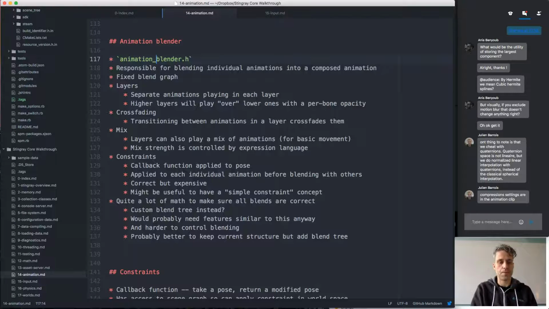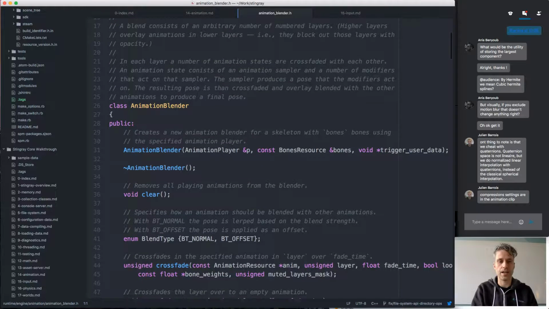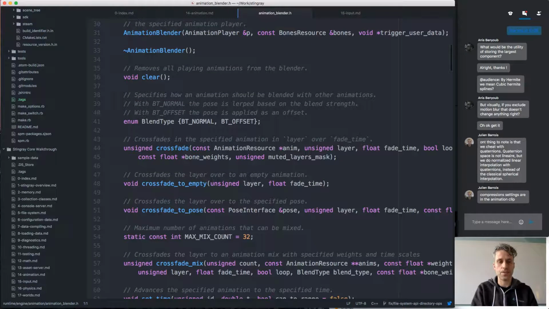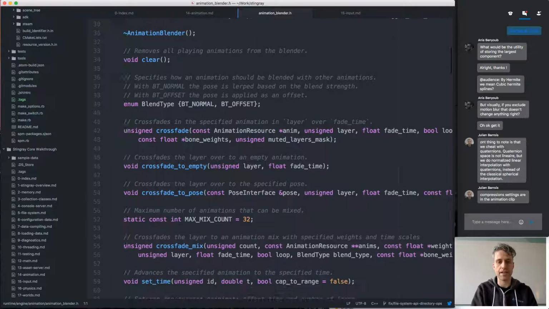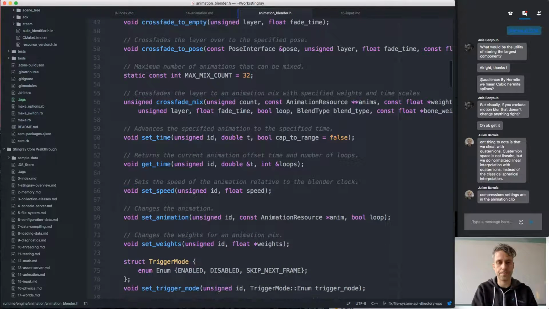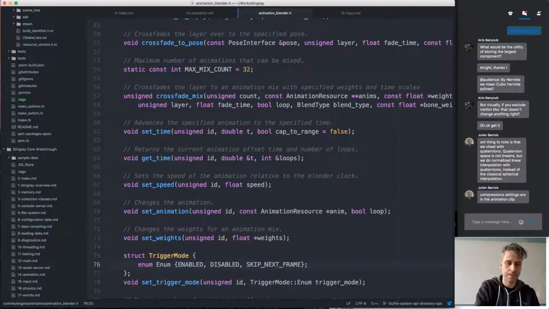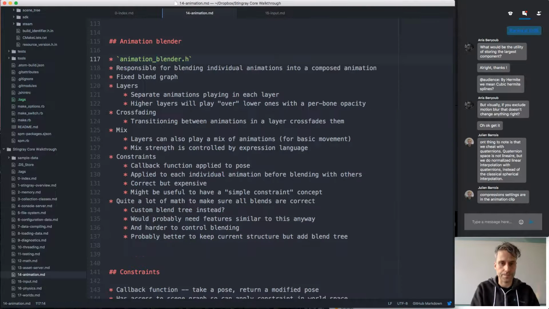So this is the responsibility of the animation blender class. It allows multiple animations to blend and crossfade between them, and so on.